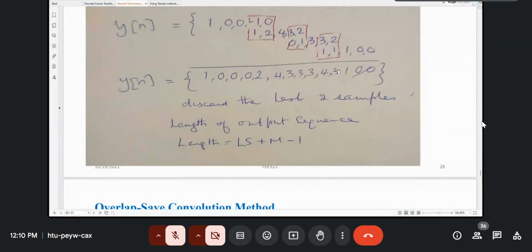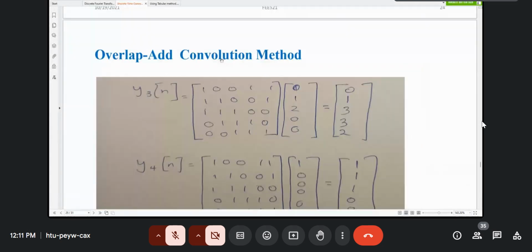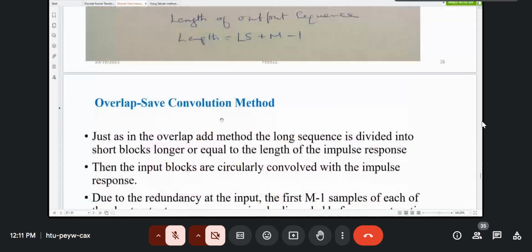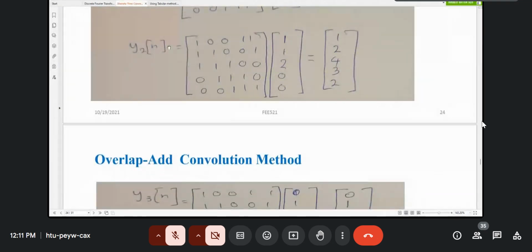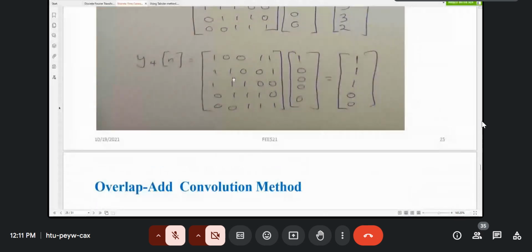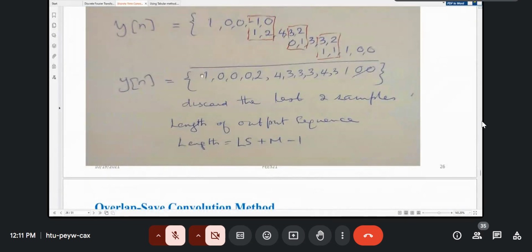What we ended up with is a linear convolution, and you can check that by simply working it out using the linear convolution method. It's important to know that we used the circular convolution method with the new sequences, but what we ended up with is a linear convolution.